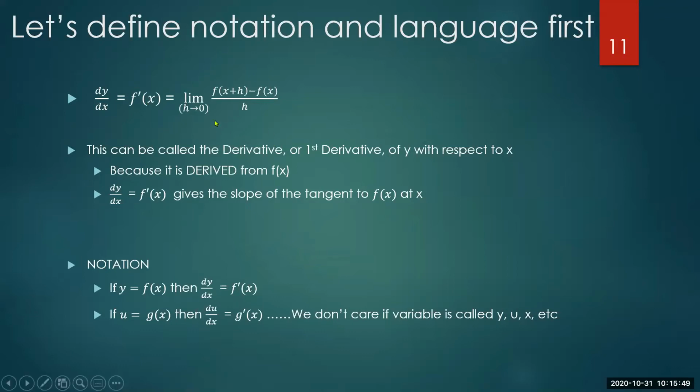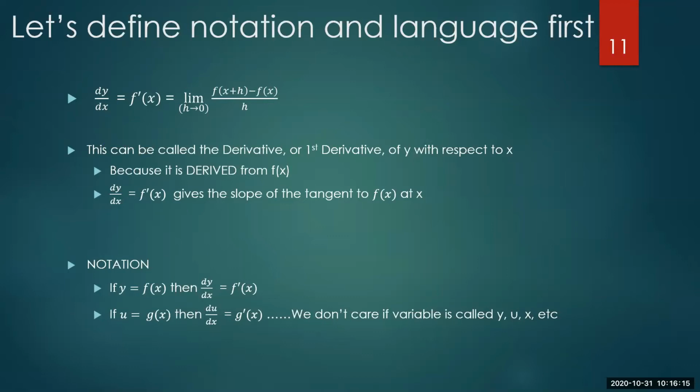And it's defined by the limit as h goes to 0 of f of x plus h minus f of x all over h. This can be called dy dx or f dash of x, and it can also be called the derivative or the first derivative of y with respect to x. That's because it's derived from f of x.